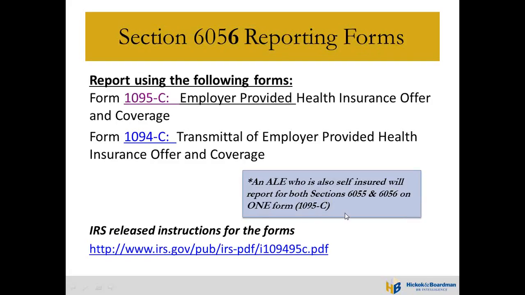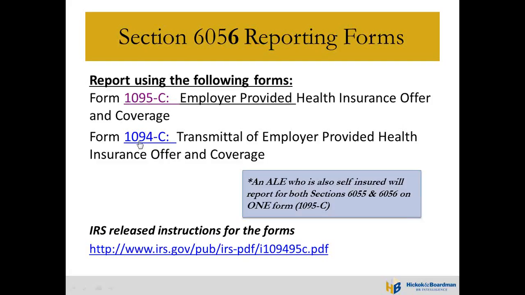If you're an applicable large employer but you are fully insured, then you would only report for Section 6056, which would be Sections 1 and 2 on that 1095-C, and your health insurance carrier would send a different form, a 1095-B, from them to your employee that has that Section 6055 information on it. So even though there are 2 sections for an applicable large employer, there's only one form that you need to be concerned about.